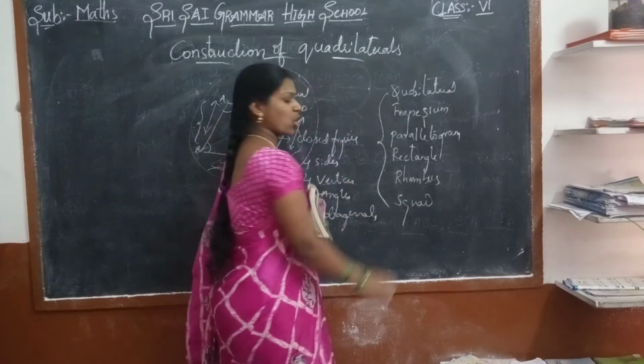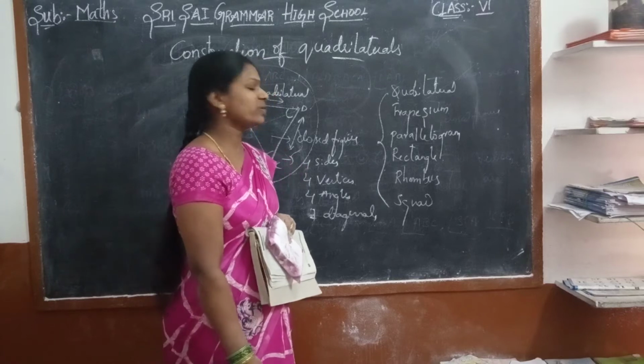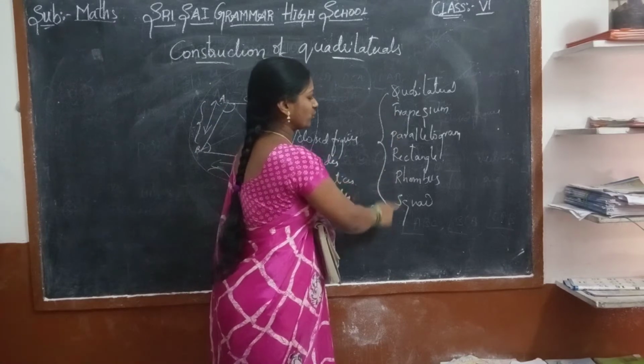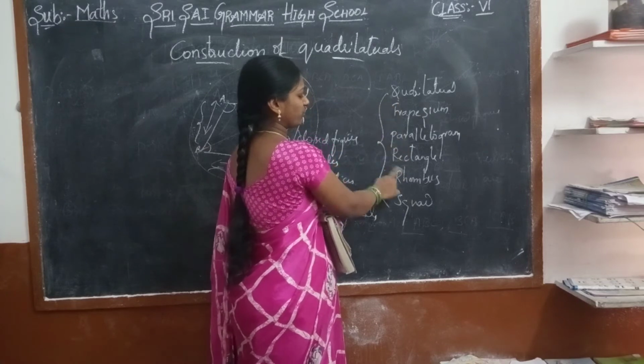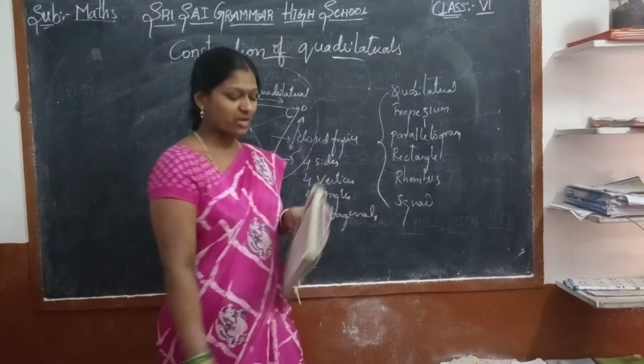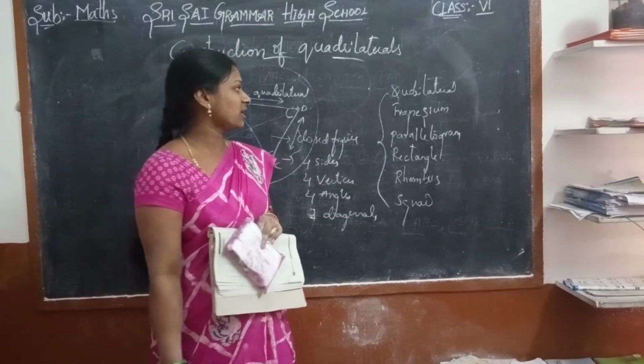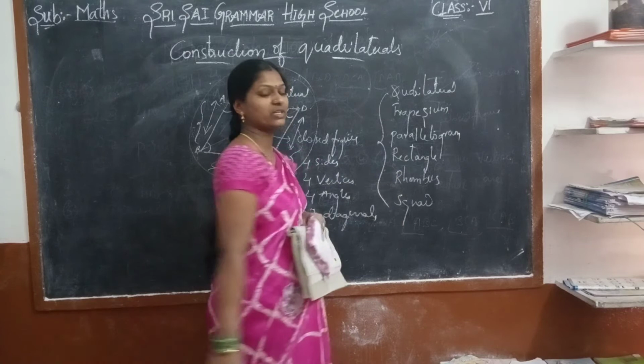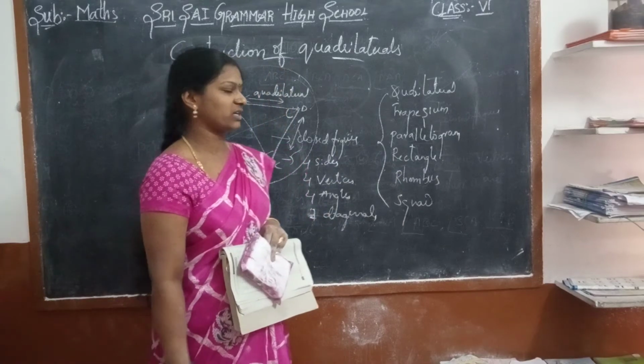These are all enclosed figures, and by that we see 6 types of quadrilaterals.